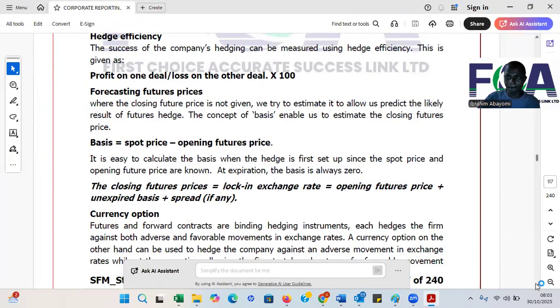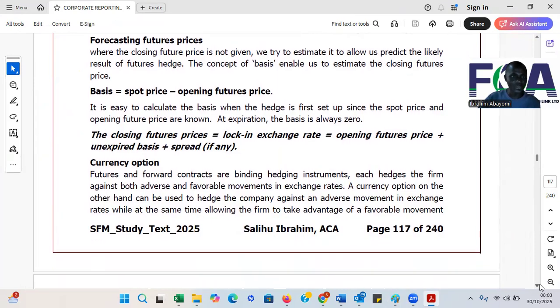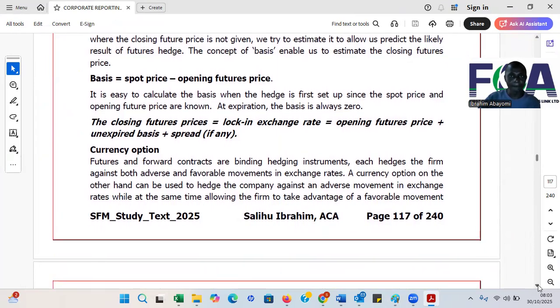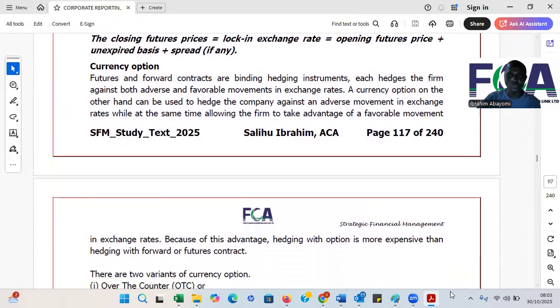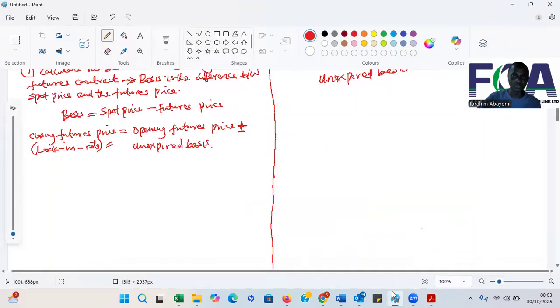Okay, what else do we need to know here? Now, I think basically we are done. Then let's go to currency option contract. Currency option.